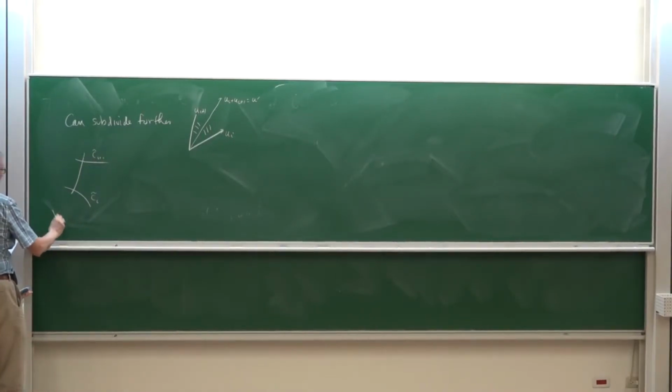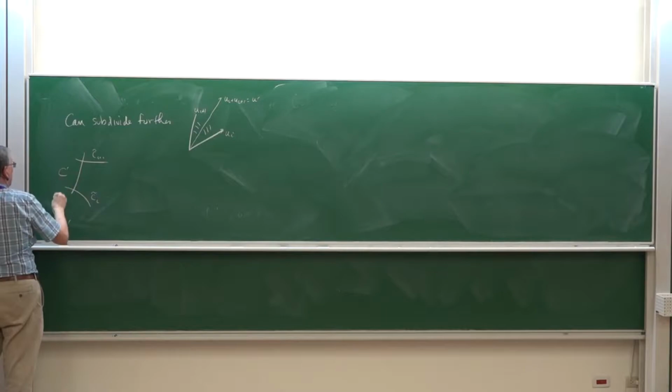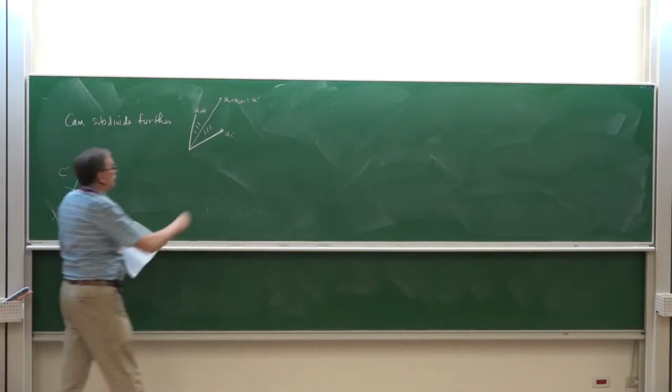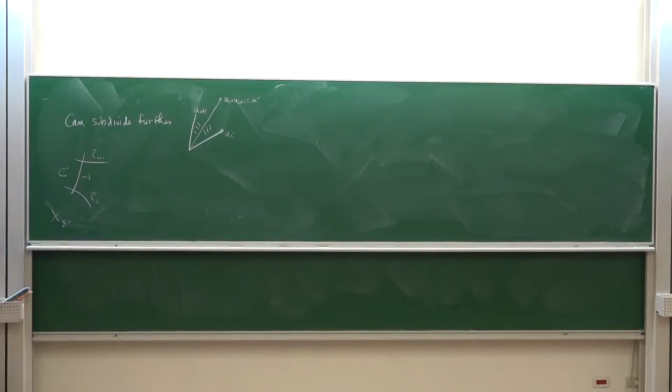So when I've blown things up, I get this new exceptional curve. And that's a -1 curve, because the b there is 1, and that gives a minus, so here I have a -1 curve. In terms of classifying all possibilities, there's an infinite number.